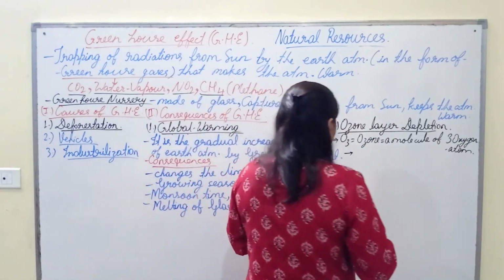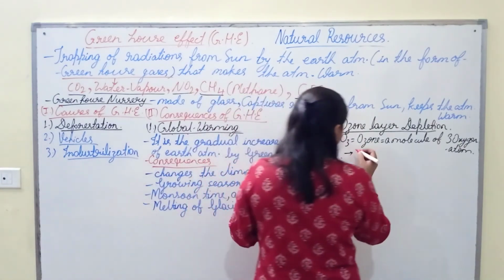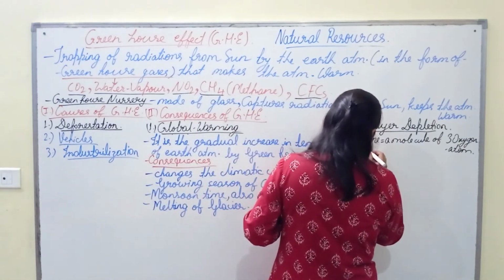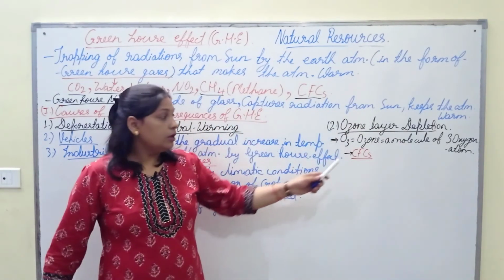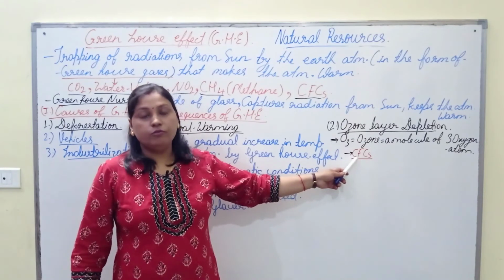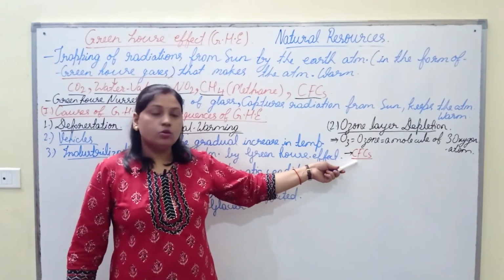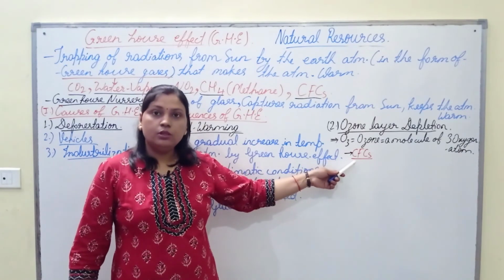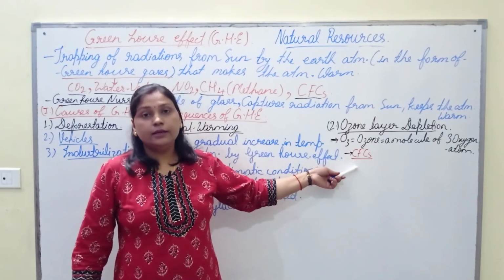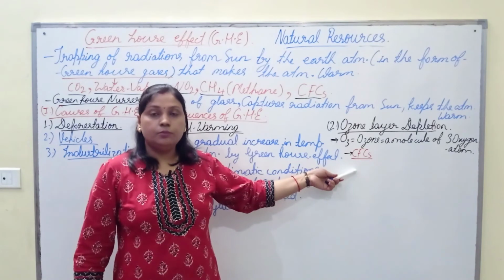Now the chlorofluorocarbon is a chemical or compound of carbon that consists of both chlorine and fluorine, that makes it stable and it cannot be degraded by any biological processes.